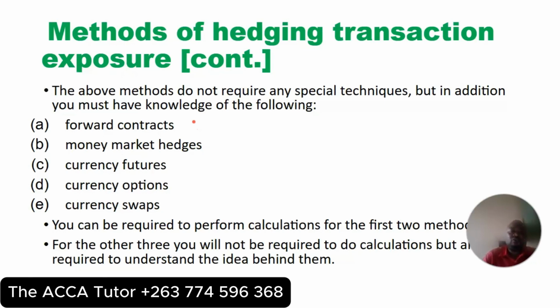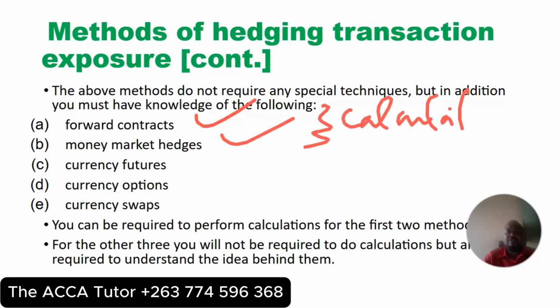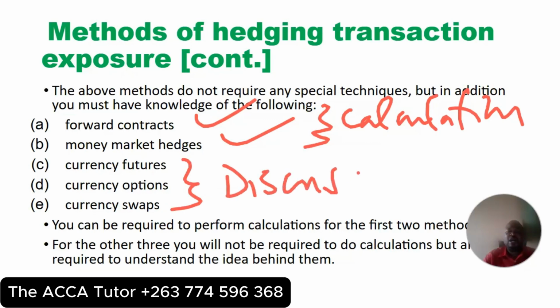You could use what is called a forward contract in hedging against foreign currency risk, or a money market hedge. These first two expect calculations. But for the others, you need to know the theory, because you are going to be asked to discuss them.